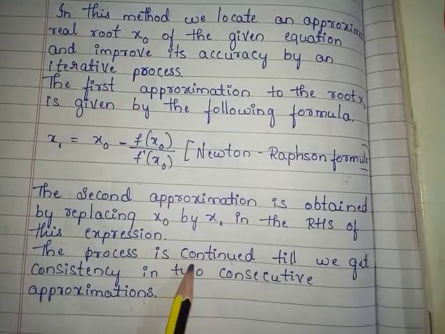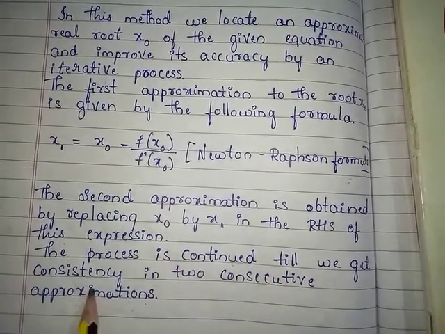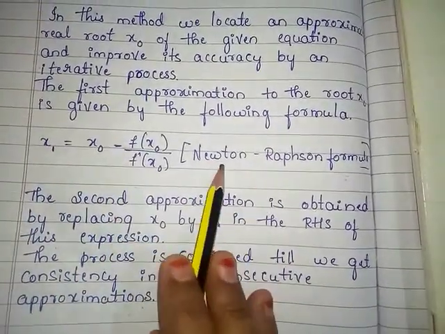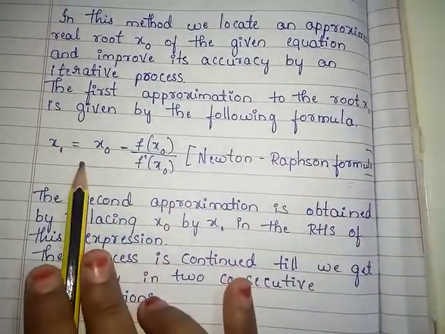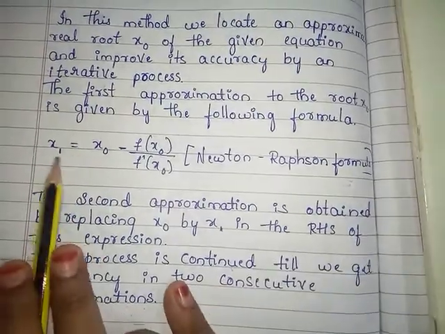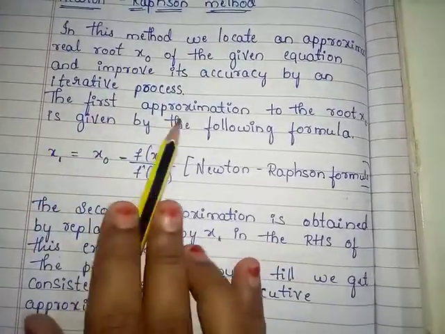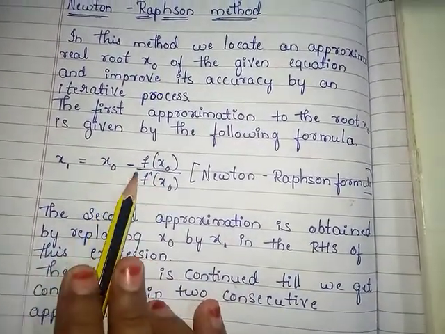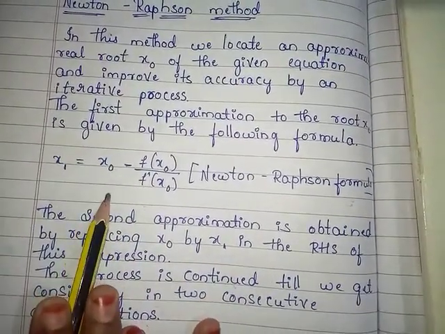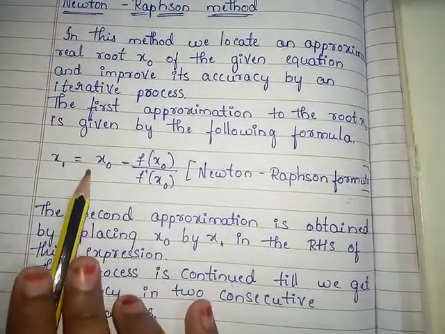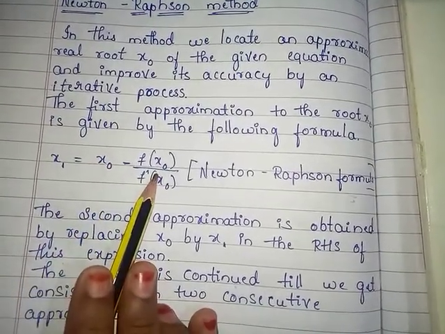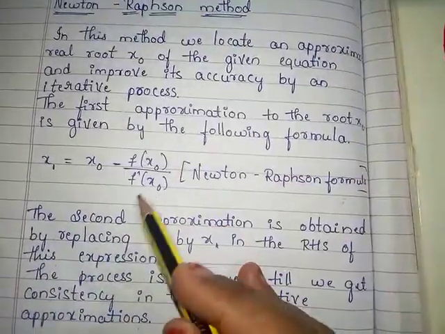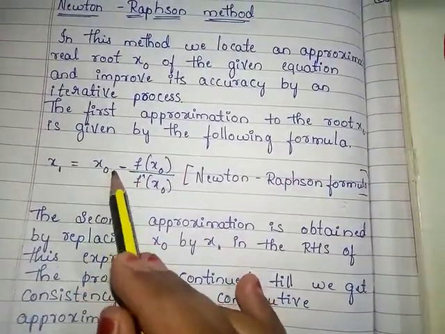This is called the Newton-Raphson formula. This is the first approximation of the root x0. When we go to the second approximation, just replace x0 by x1 in the RHS, and this will be x2, and for the third approximation, replace x1 by x2.